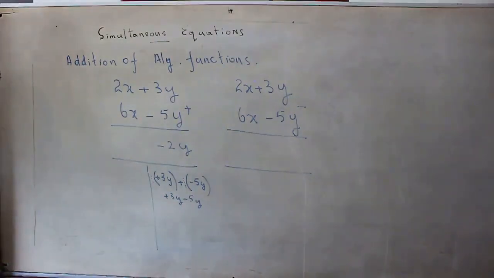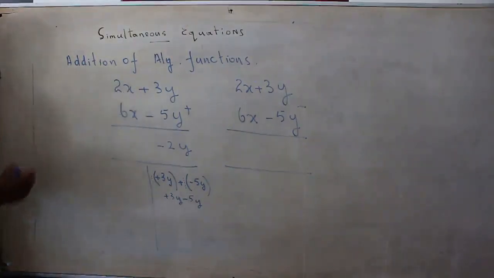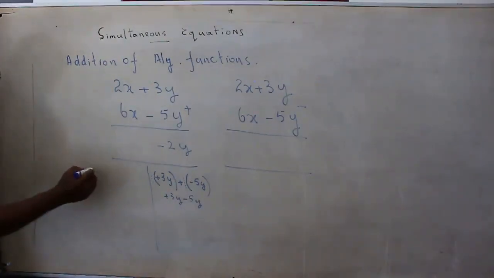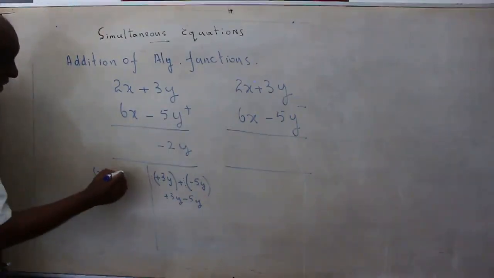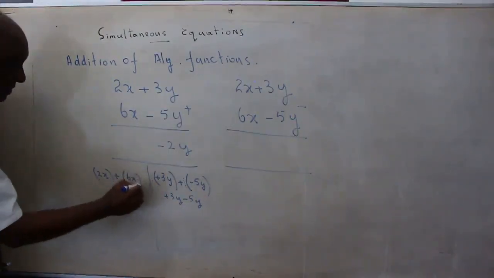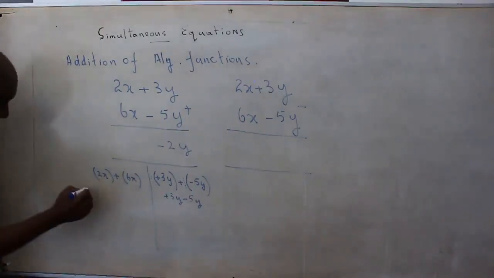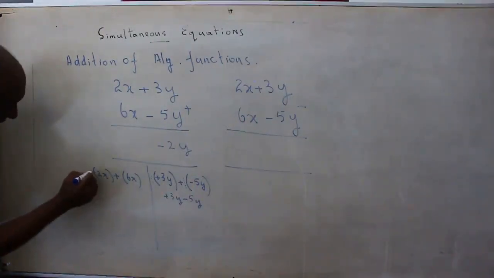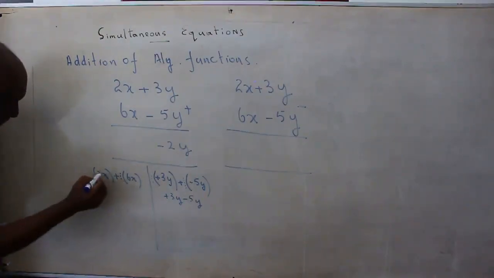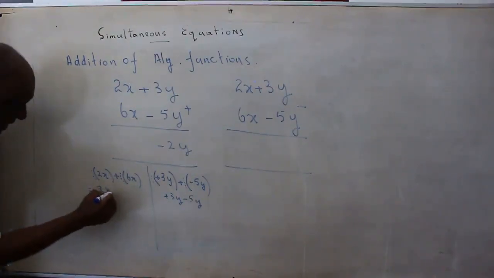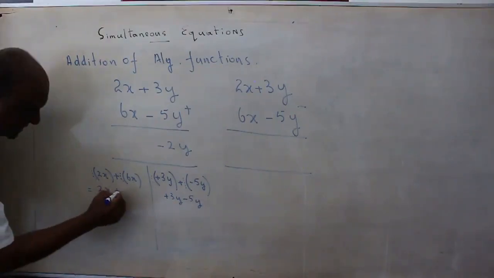Similarly, when you add the x's, you will write the 2x over there in a bracket. Addition sign here, what do you add? 6x. What is the meaning of this? It is 1 here and 1 here. When you open the bracket, this will become 2x and that will become plus 6x.